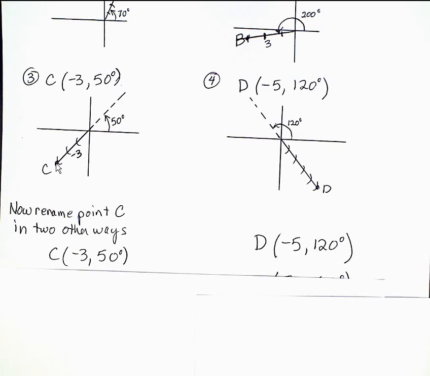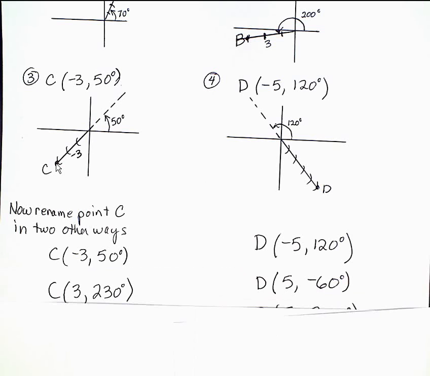Since we are 50 degrees away from the x-axis, if we took 180 and added 50, we would be going 230 degrees and out a +3. Since 230 degrees is the terminating ray, positive would be coming out in this direction. It may seem negative, but this is a positive angle and positive units for a 230 degree angle.